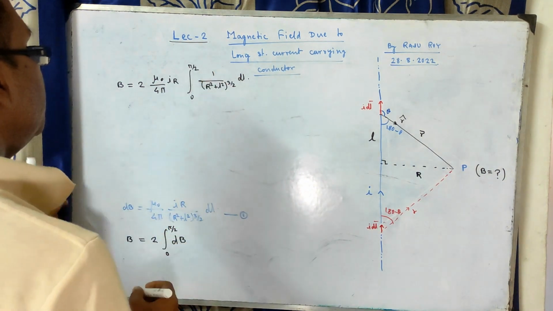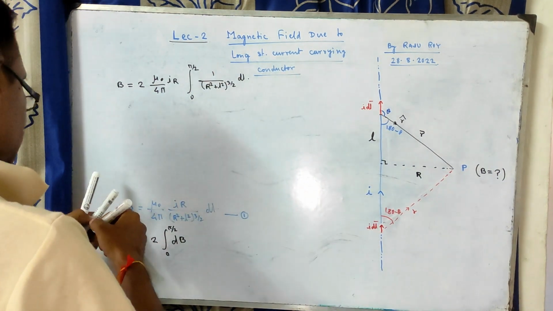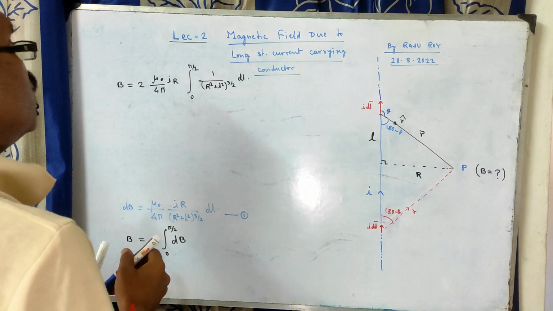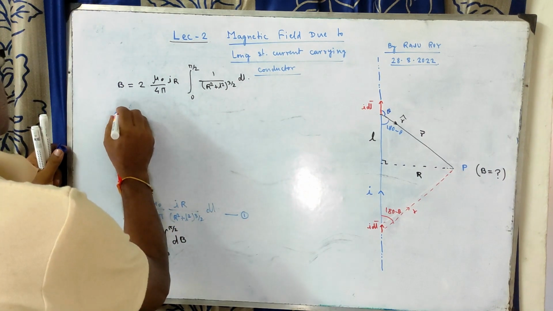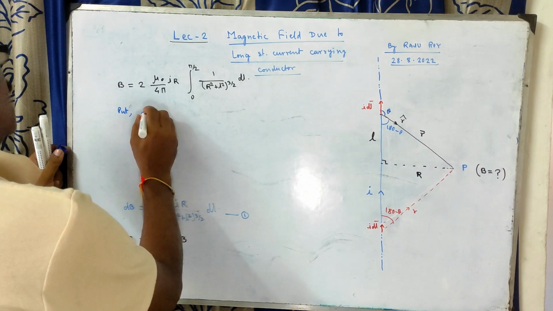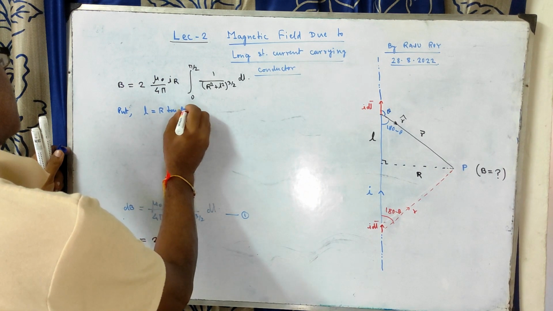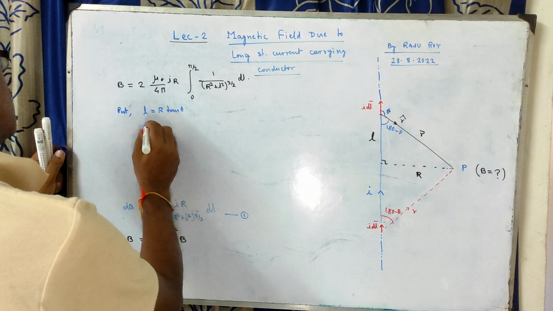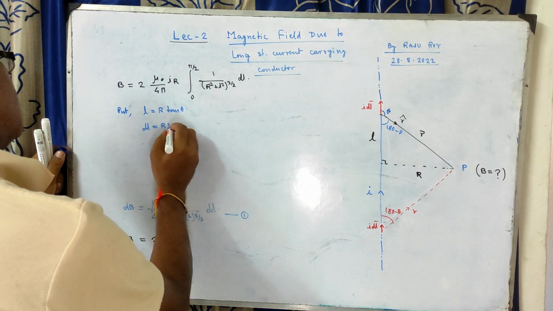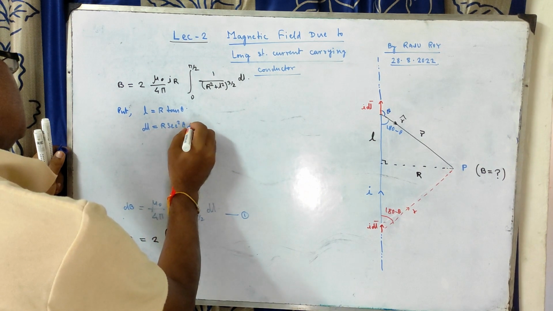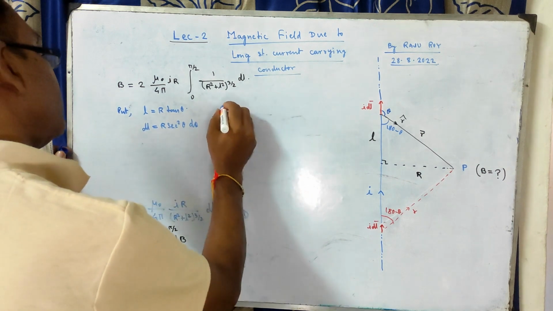So we need to integrate it. So put L is equal to r tan theta, right? So dl is equal to what? r secant square theta d theta.